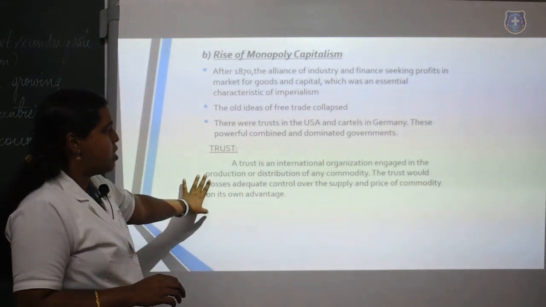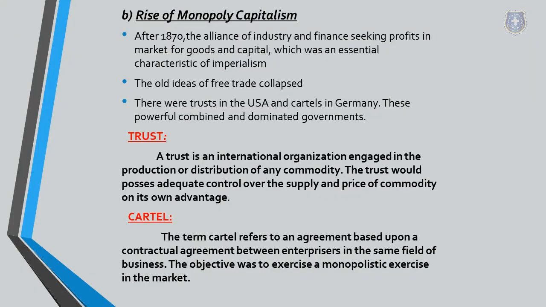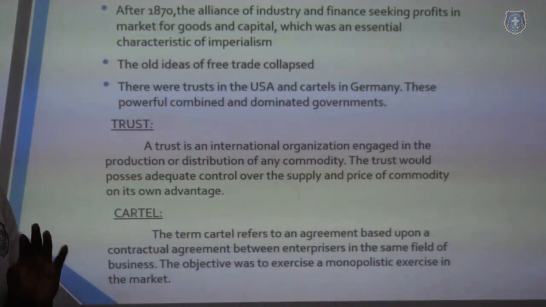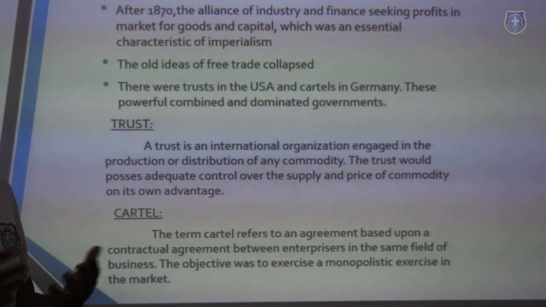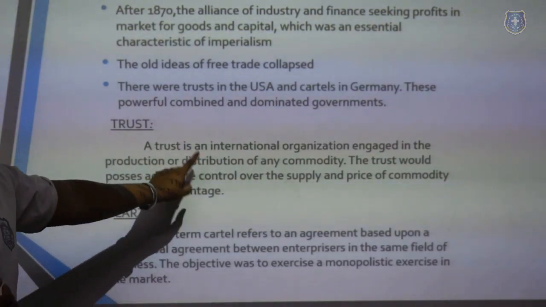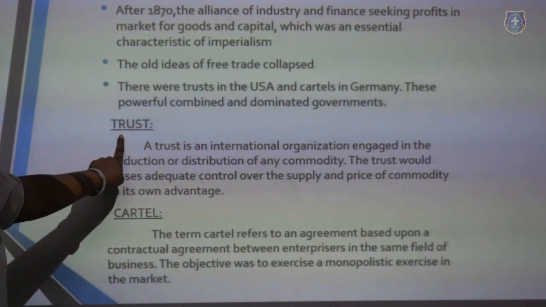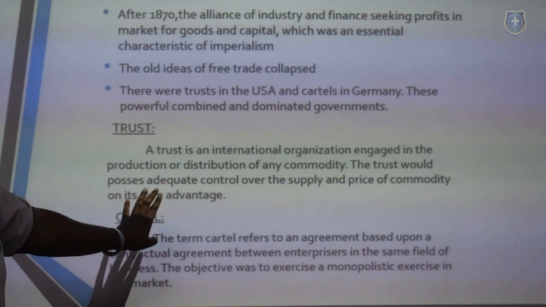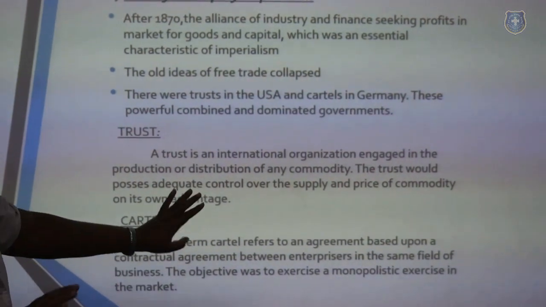So what a trust is, is given in the definition. It is a kind of organization engaged in the production and distribution of any commodity. Any commodity means any products, from production to distribution. This trust will decide how much should be produced, what the cost is, who should buy, and on what basis, everything.